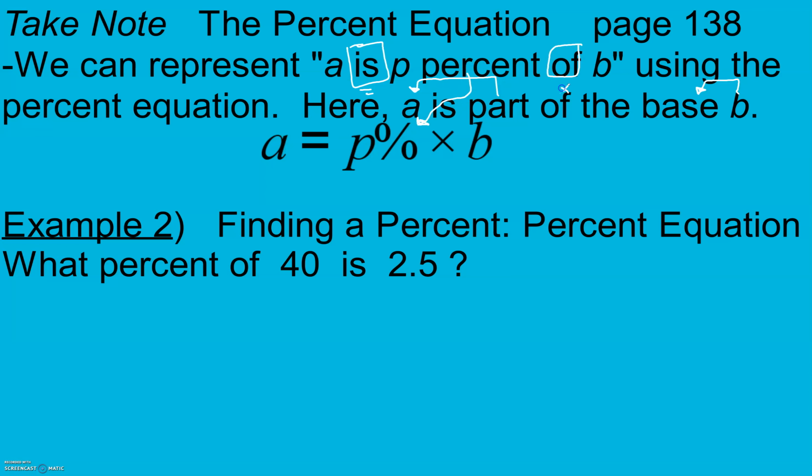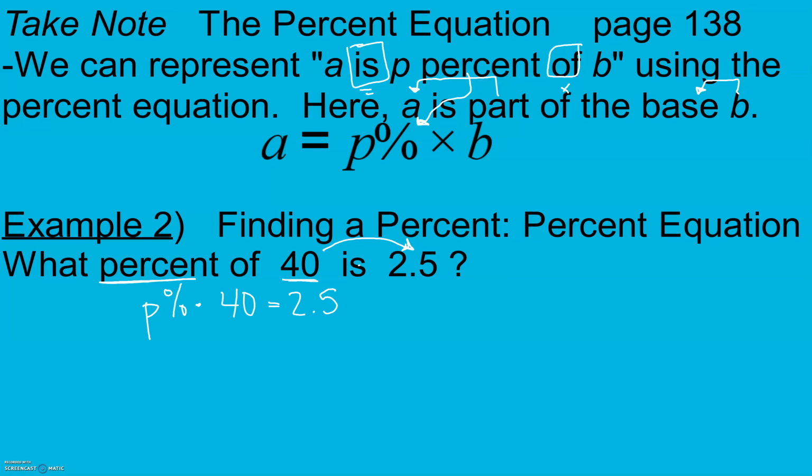Of means times B. So A is P percent of B translates from English to mathematics straightforward. We plug in what we know. So what percent, P percent, since we're looking for percent, of means times 40, is means equals 2.5. Again, 40 here is our base. That's what we started with, and then we changed it to be 2.5.